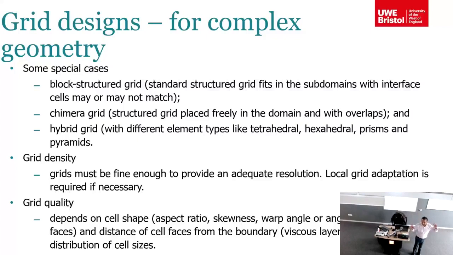You will get a rubbish answer most of the time, unless you have a unidirectional flow. For a pipe flow, it is okay to have a skewed grid cell because the flow is only in one direction. So you need to have an understanding of the flow field when you do the grid.